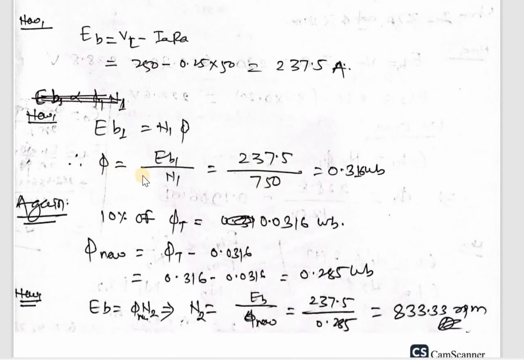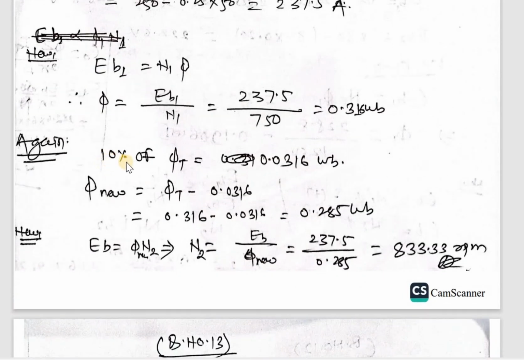Then phi equal to Eb1 upon N1, that is 237.5 upon 750, so 0.316 weber, and 10% of phi total is reduced, so new phi equal to phi total minus 0.0316.